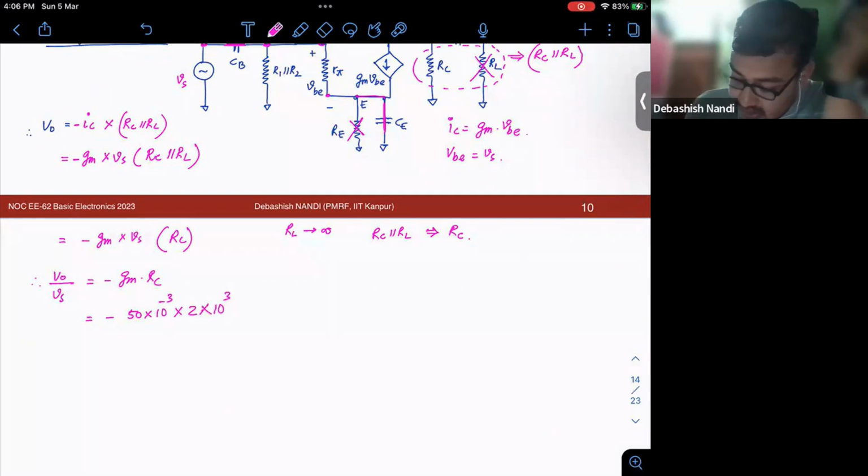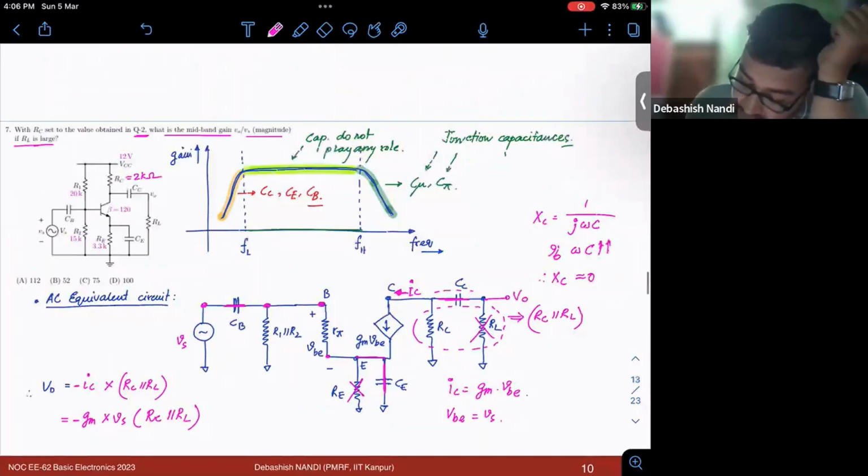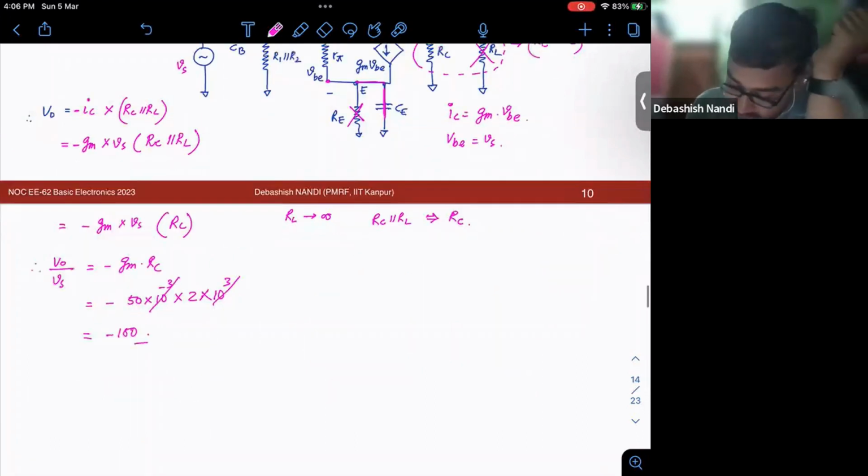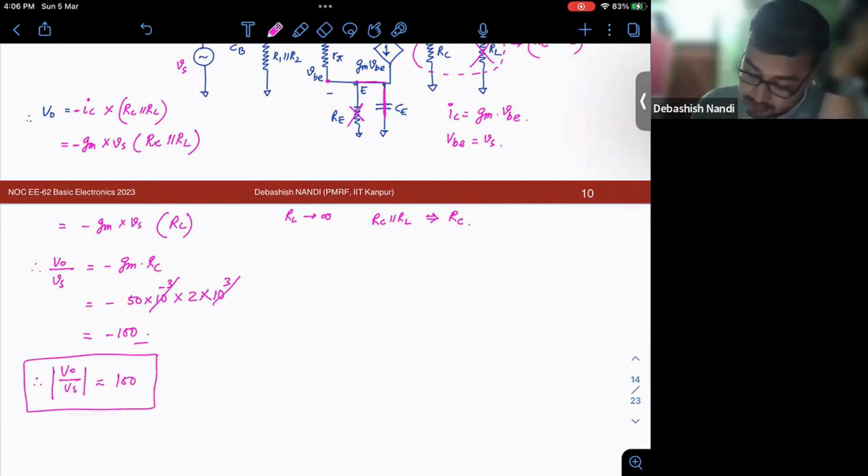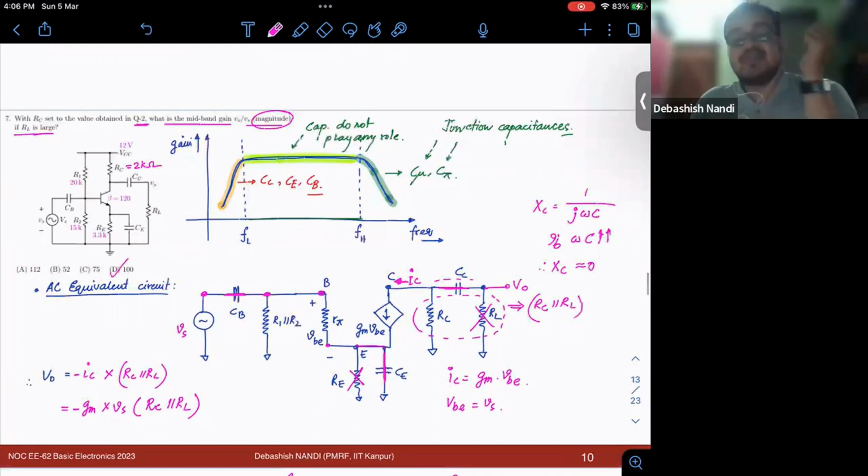This becomes minus 100. They want us to find out the magnitude, so mod V naught by Vs would be equal to 100. So D is your right option.